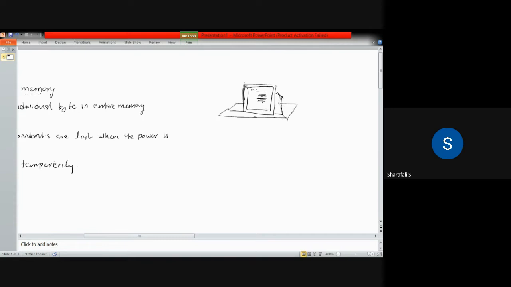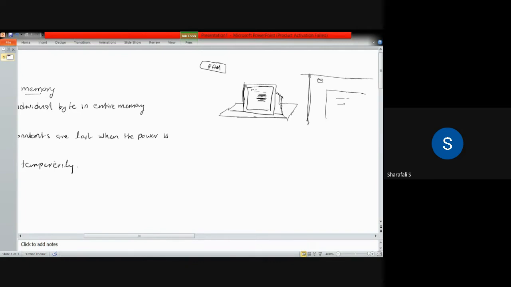When you save that file, it will be stored in the hard disk. When you're writing something, at that moment it is stored in RAM. In Microsoft Word, you have an icon to save the writing you have done here.